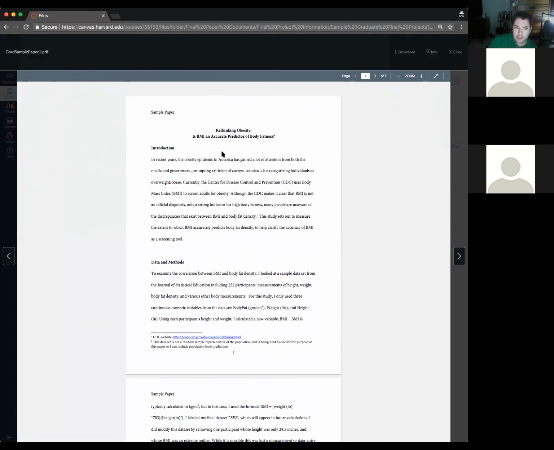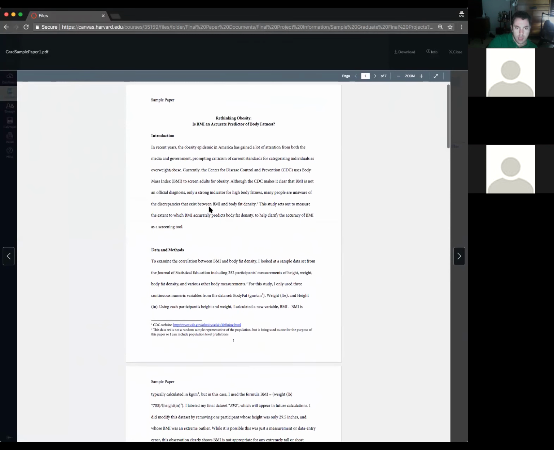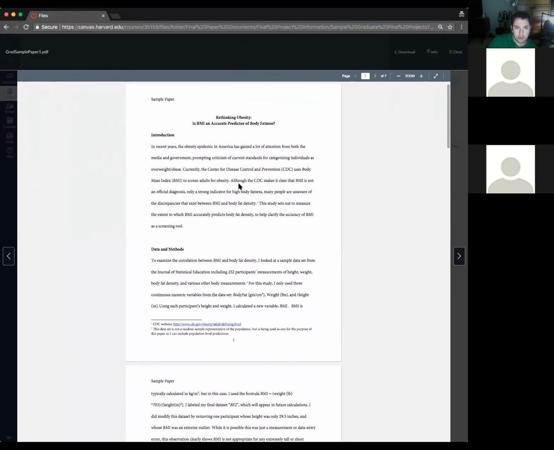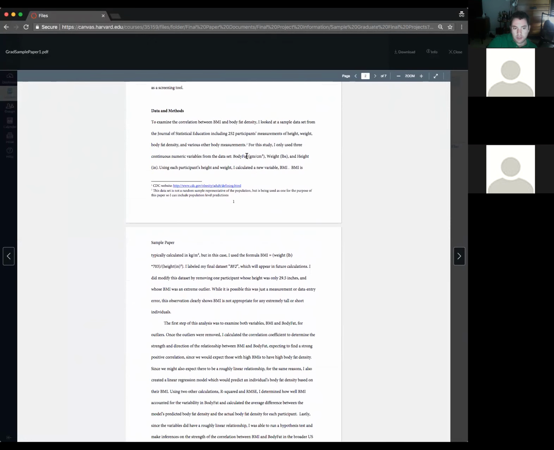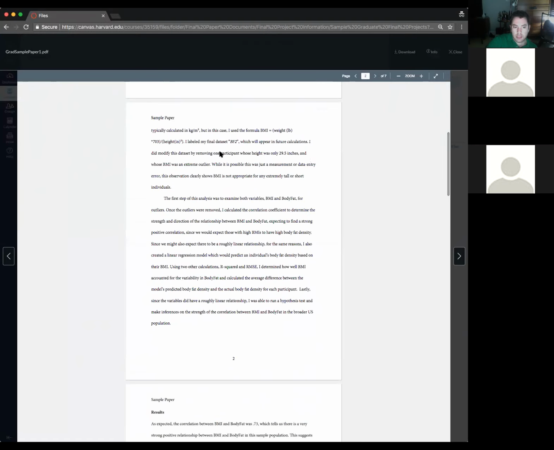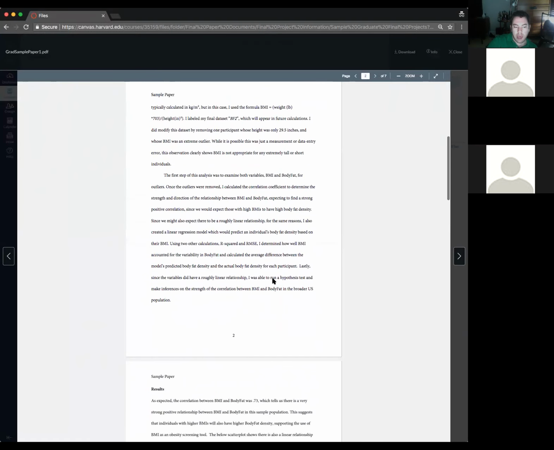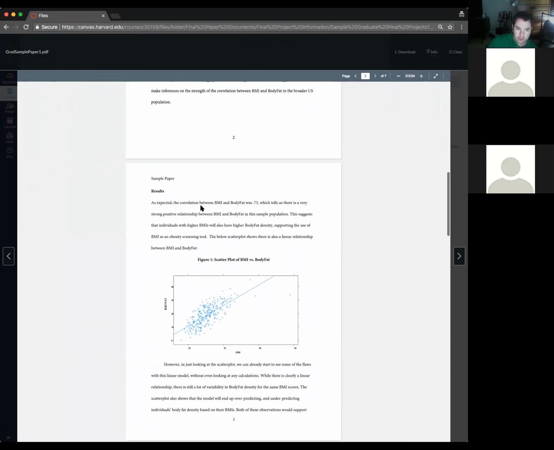And you can see here, it's organized. They have an introduction, giving you a little bit of background on the field and the question in general. Then the data and method section, where the student talks about the data set and the variables and how they went about performing their analysis. And then the results section.